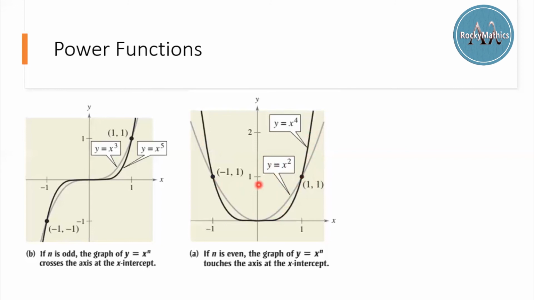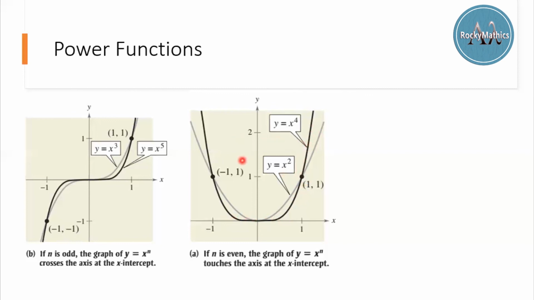Okay, the graph of x squared. Now, as you can see, the graph of x raised to 4 is flatter on this side compared to the graph of x squared. So as n increases, the graph becomes flatter, closer to the x-axis, but the y values here become closer to the y-axis as n increases.